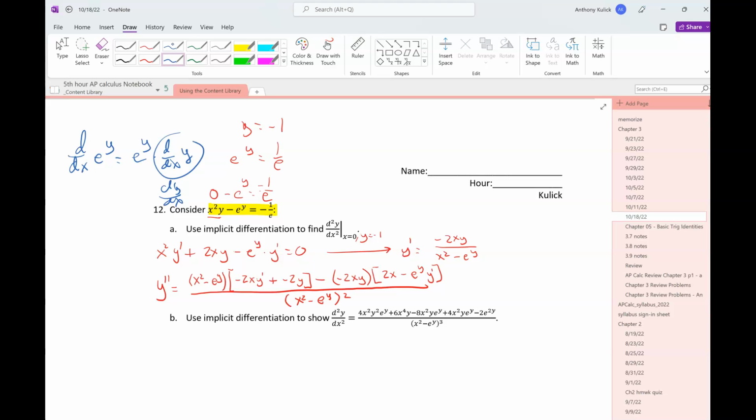Still doing okay? At this point, I'm plugging stuff in now. So here, I would plug into the first derivative x is 0 and y is negative 1. What is that going to be? But that's easy. That just comes out to be 0. That's nice. And so if I plug in here now, what are we going to get?